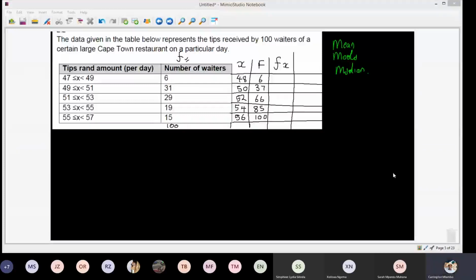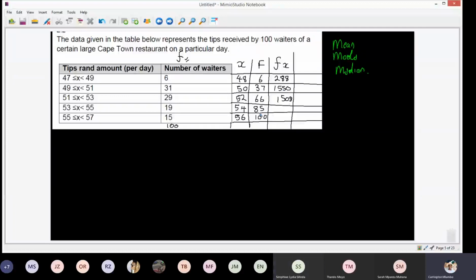Right, what is fx? John? It's f, your frequency, times x. 6 times 48, you get 288. Then you have 31 times 50, you get 1550. Then you have 29 times 52, you have 1508.